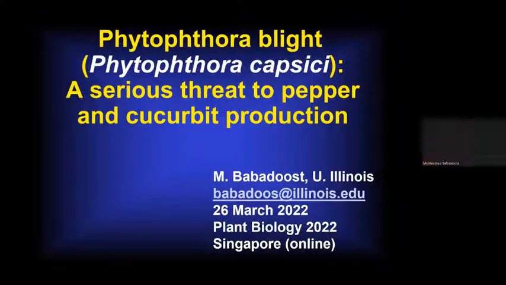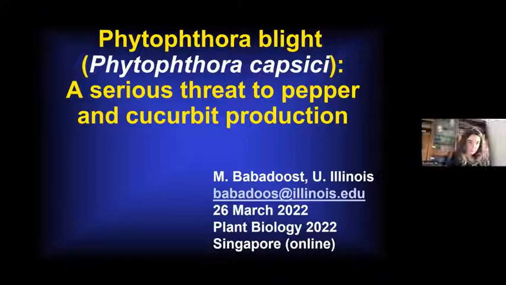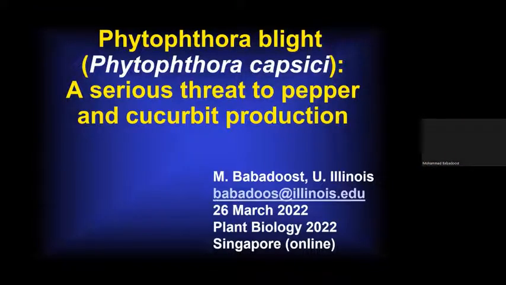Yes. Okay. I'm going to be talking about Phytophthora. This is a plant pathology presentation. If you are not a plant pathologist, the science of plant pathology started by diagnosing Phytophthora problem in Europe in 1845-46.